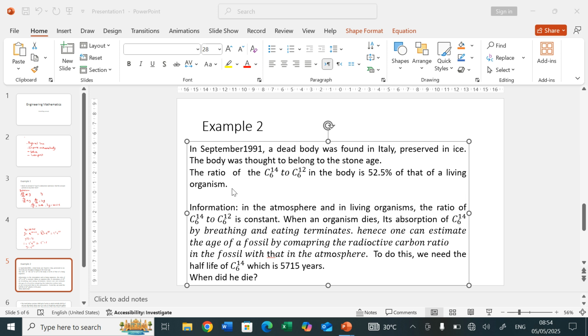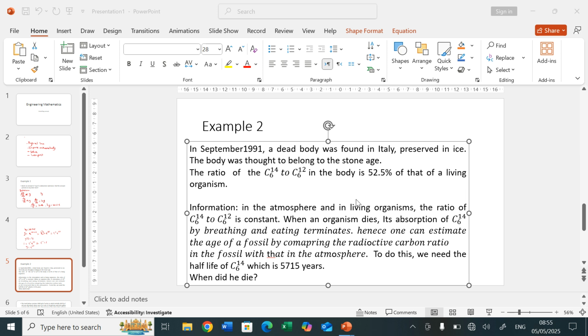What the question is asking is to determine when the body actually died. What they found in the body was a radioactive carbon, which is carbon-14, and the ratio of that carbon-14 to the carbon-12, which is the normal carbon in the atmosphere, is 52.5% of that of a living organism.